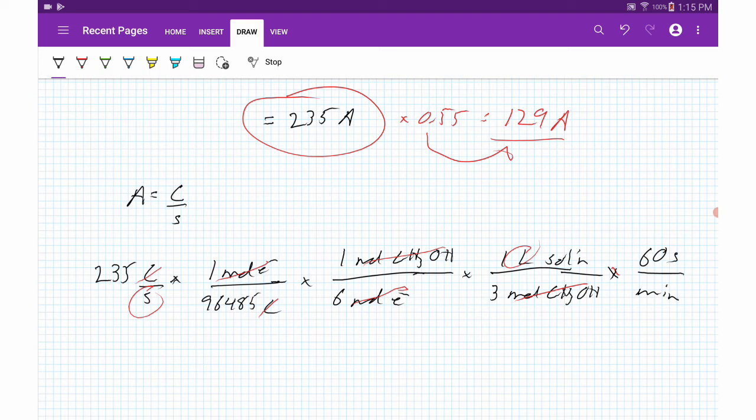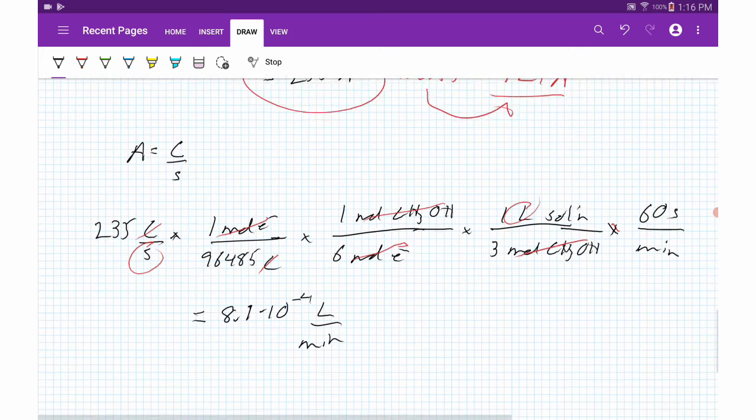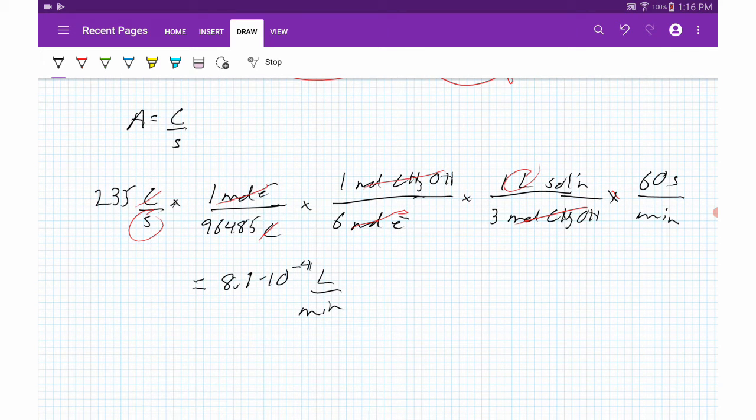And what we have is 8.1 times 10 to the minus 4 liters per minute, or 0.81 milliliters per minute.